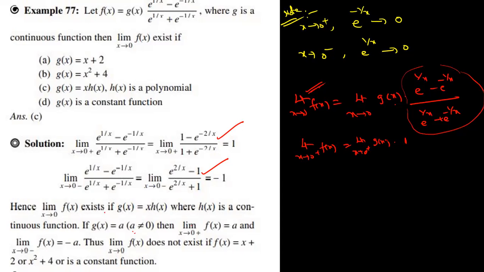A is coming. This value is 1, so a is coming. Limit x tends to 0 minus f of x is how much? Minus a is coming.